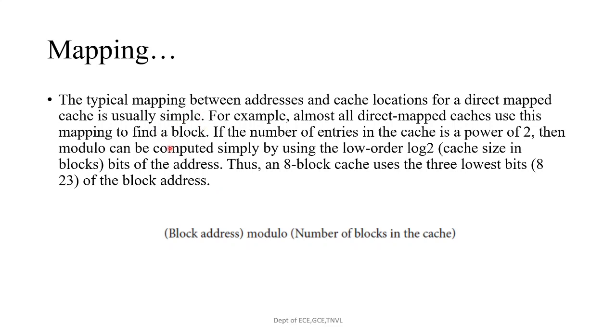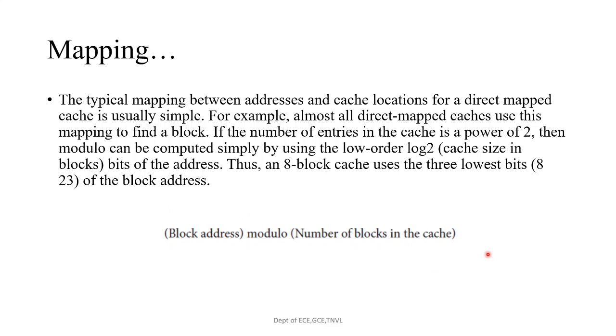So this says that we can directly calculate the address in the cache by taking just the lower order 3 bits of the memory address. This is given by the formula: block address modulo number of blocks in the cache.